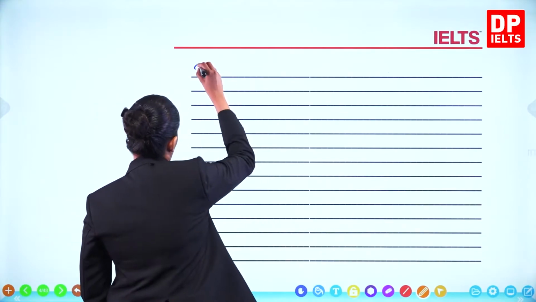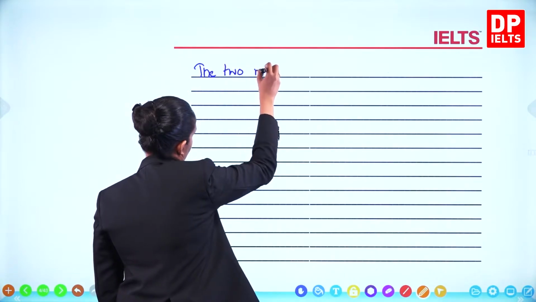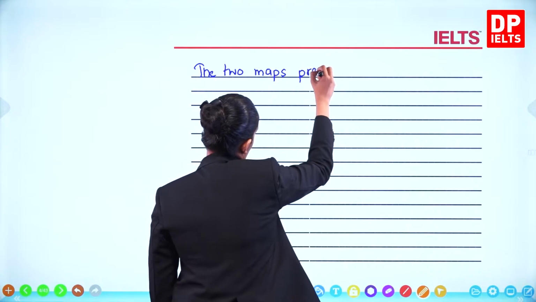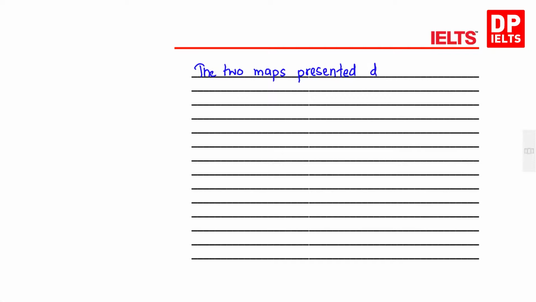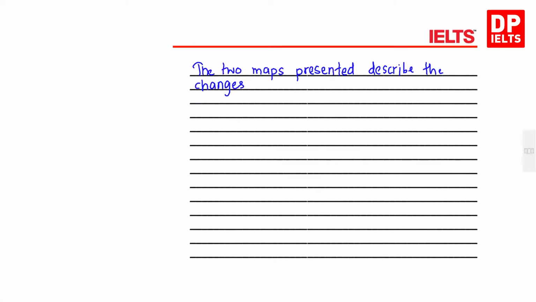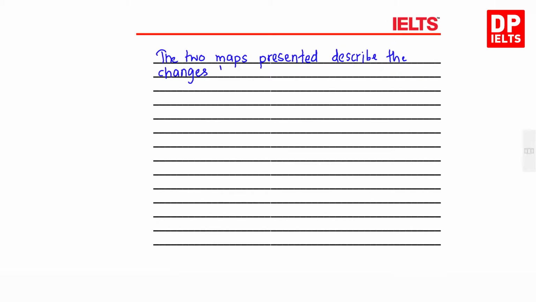Okay. So the two maps presented describe the changes that took place at a city hospital from 2007 to 2010.